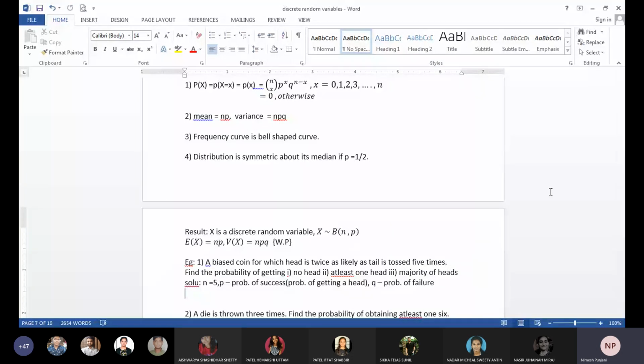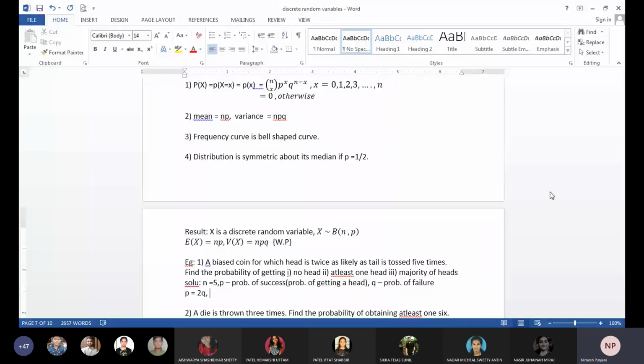Okay. What is given in the question? Coin is biased for which head is twice as likely as tail. That means the probability of getting a head will be 2 times the probability of getting a tail.